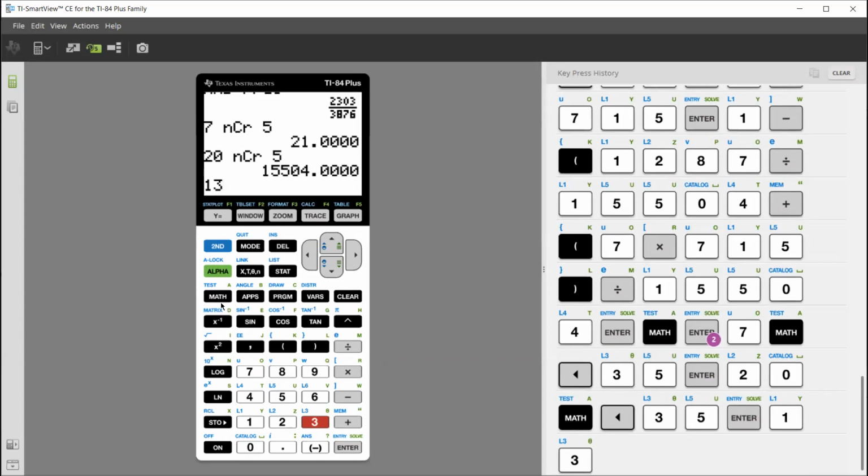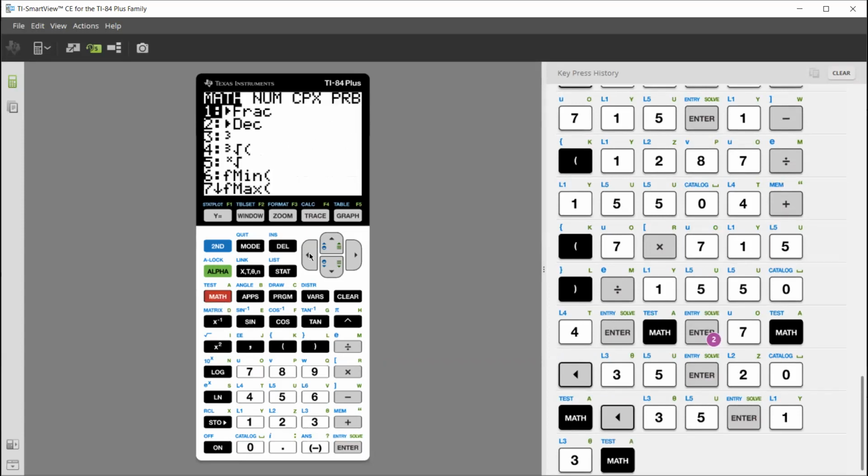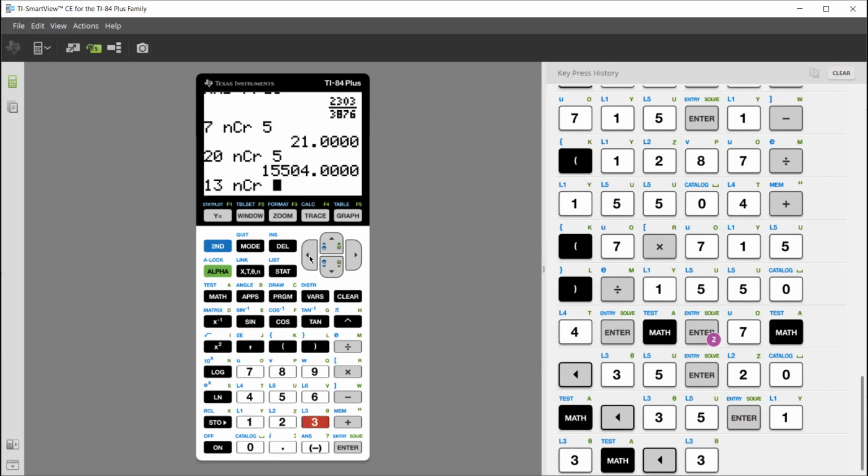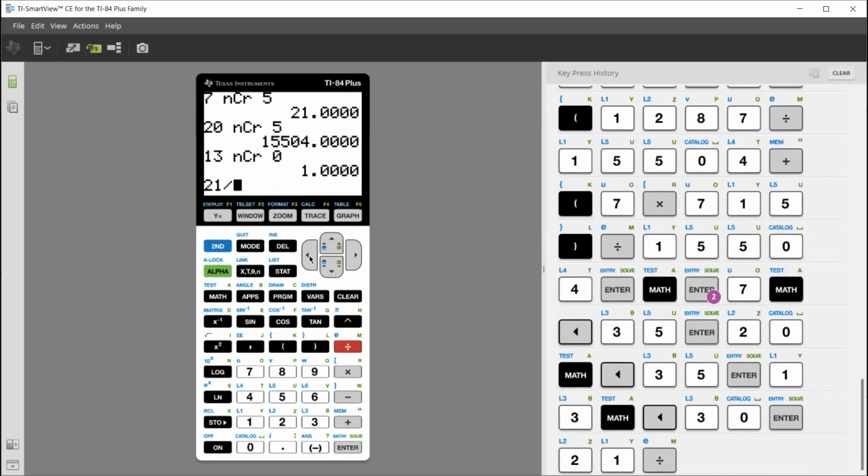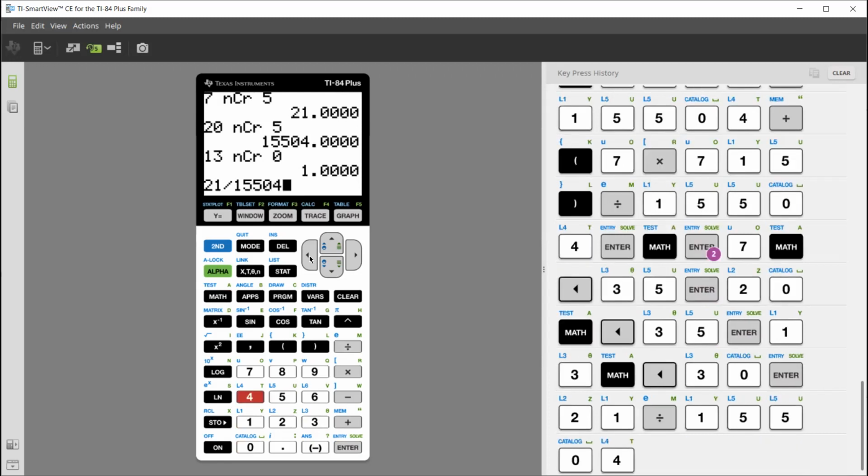So 13 choose 0 is 1, and we have 21 over 15,504. And we can reduce the fraction.